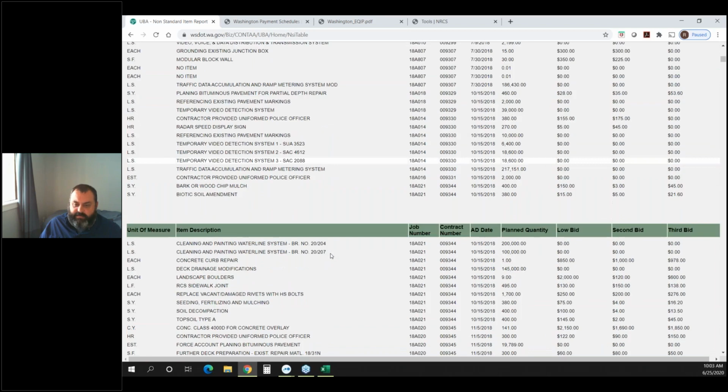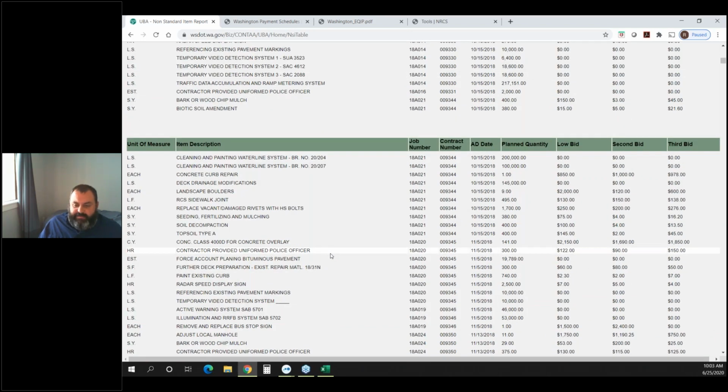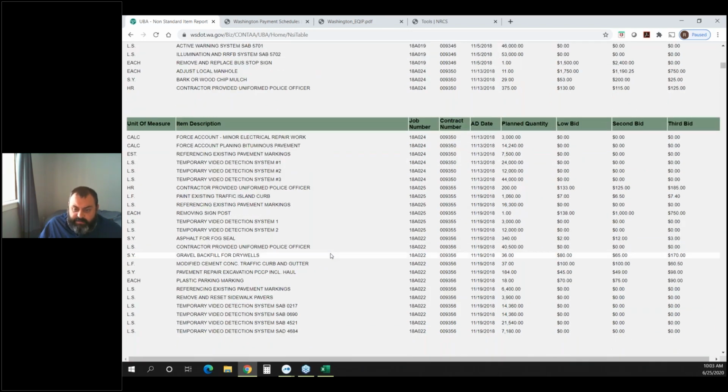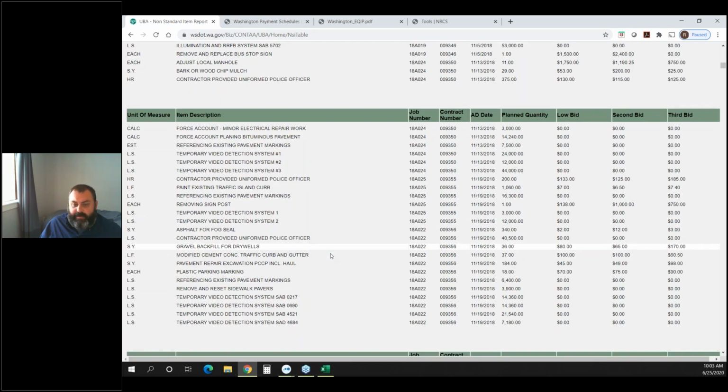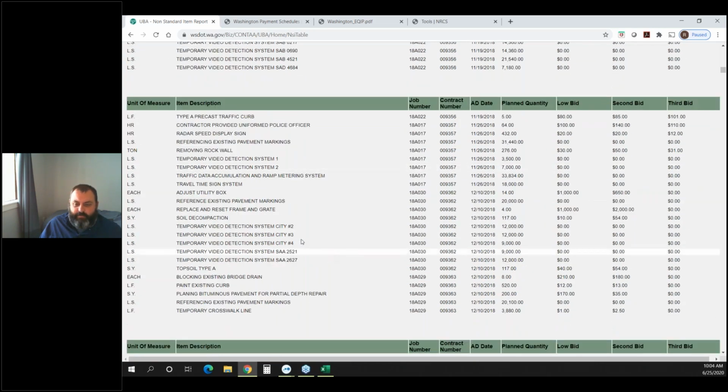things like, in here I saw relocating a farm gate, that kind of work, soil decompaction. You can see they're looking at $10 a, I think that's square yard. So you can go through here and try to find something that looks close. It looks like they only received 2 bids, but they had a couple range.